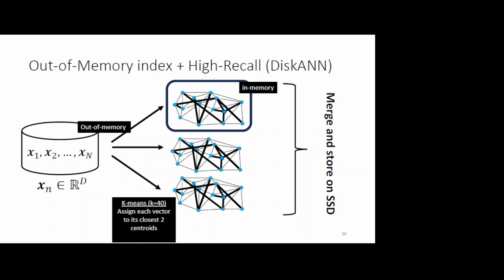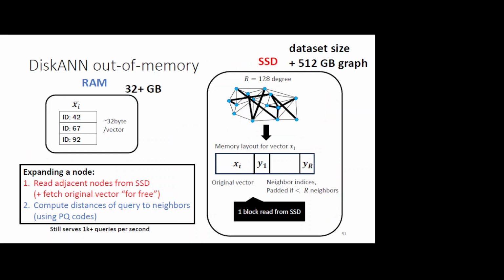All the others, your raw data and your other clusters' graph structures, are put on SSD. Your memory only stores one graph structure, and also the compressed data.